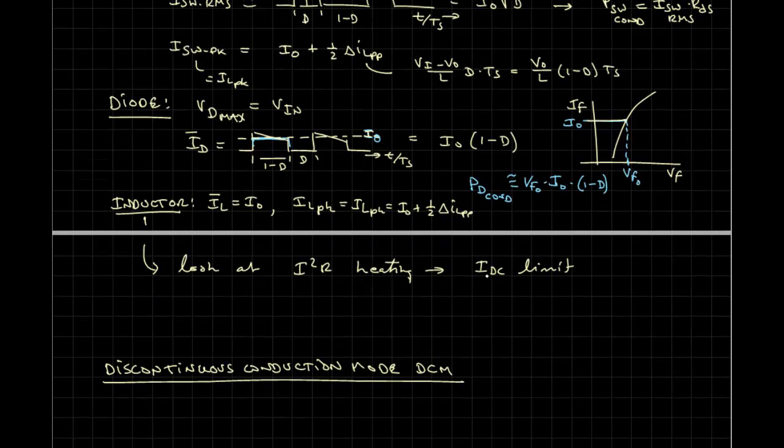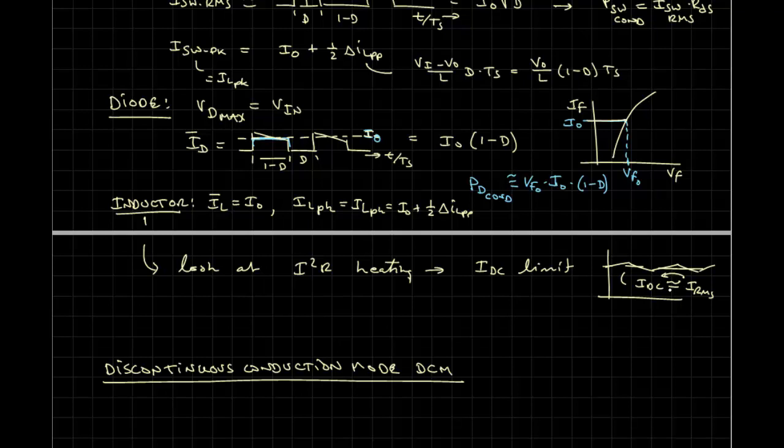If they specify it as I_DC, technically you should be using the RMS current of the inductor, but if your current is largely DC with a small ripple, then I_DC is approximately I_RMS.